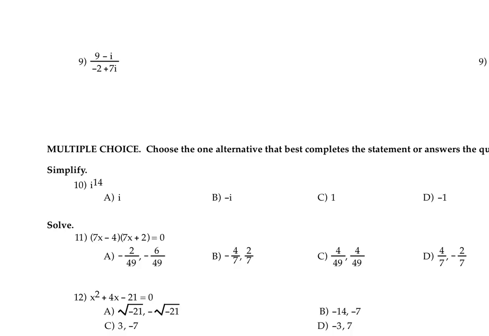On number 9, the division ones, and there's only one of these, we're going to multiply by the conjugate of the bottom. And remember when we do the conjugate, we don't change the sign on the 2. We only change the sign in between.